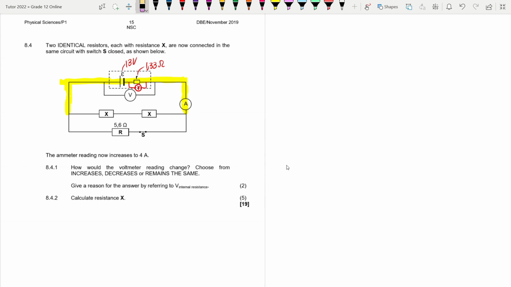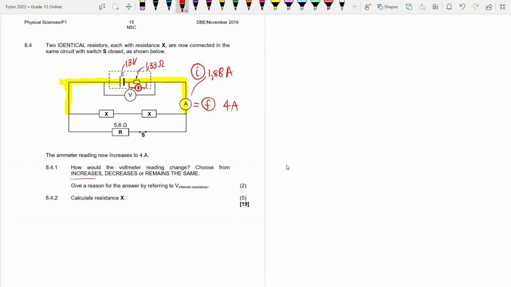Now they say the ammeter reading increases to 4. The ammeter reading was, if I remember, 1.88 amps. I'll just say initial. Now it is equal to 4. So they say, how would the voltmeter reading change?